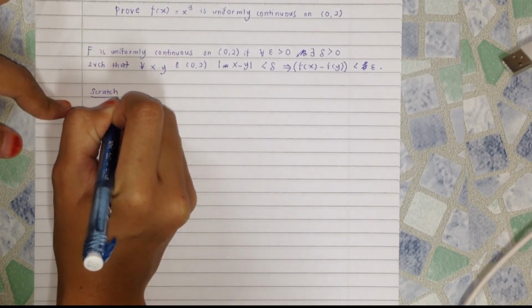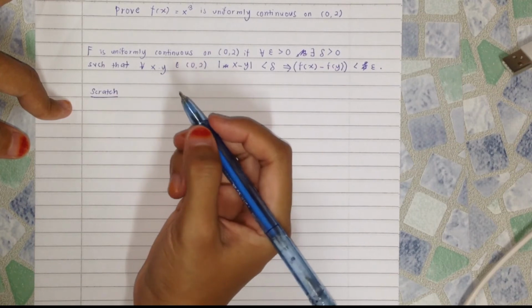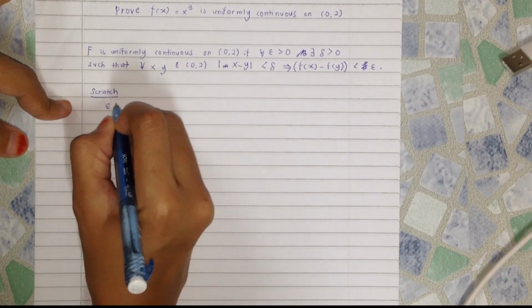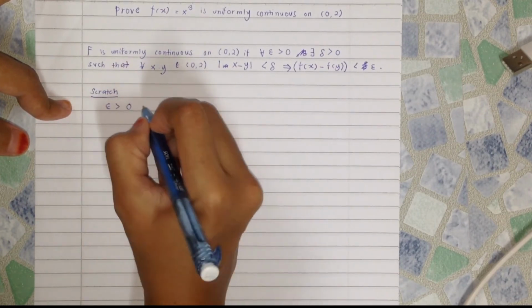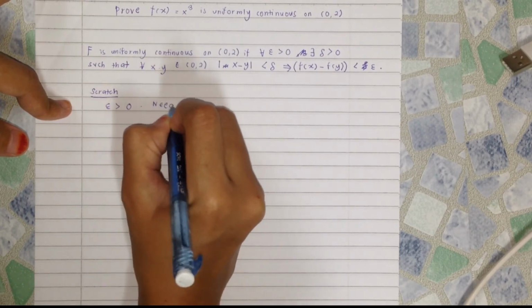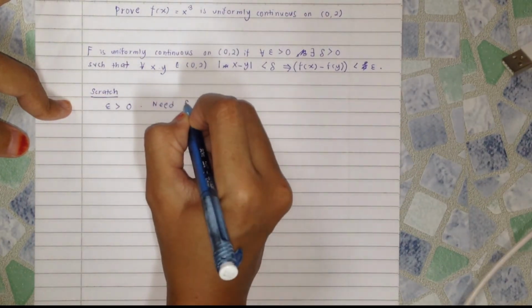So we will have epsilon greater than 0, and now we need to find our delta.